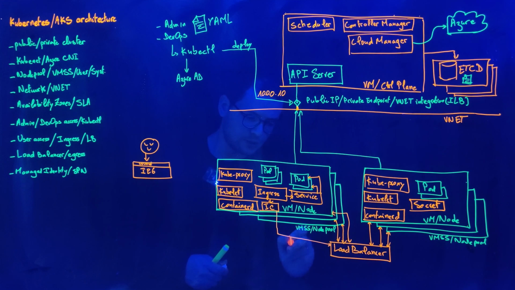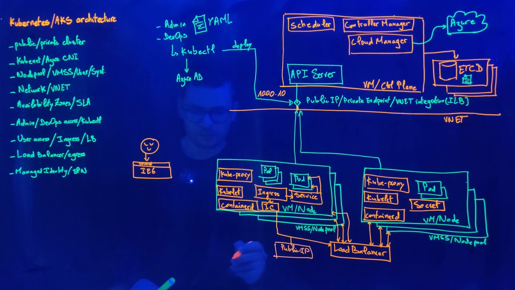So I would draw it something like this, public IP. And then my users will be able to connect to that public IP, but I don't want to give them an IP address. So what I can do in this case is add some DNS configuration.